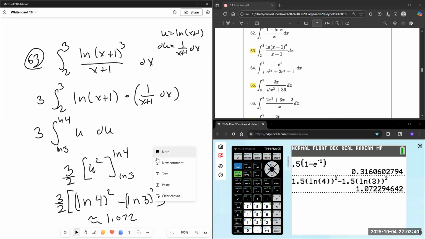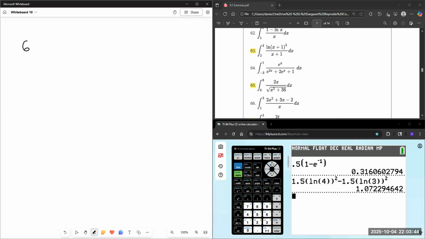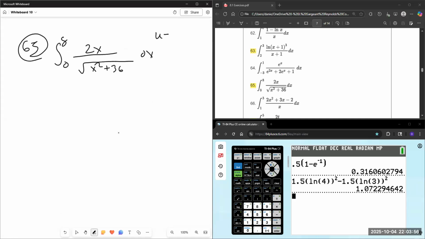Looking now at number 65. 65 says integral 0 to 8, 2x over the square root of x squared plus 36 dx. U is equal to x squared plus 36. Du is 2x dx. Integral u to the negative 1/2 du.